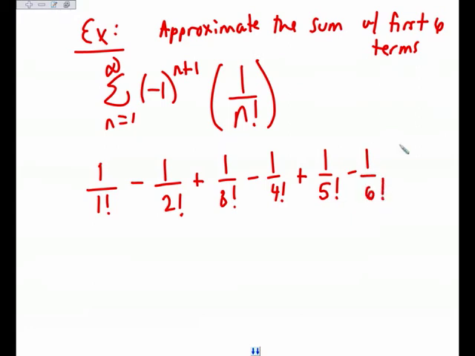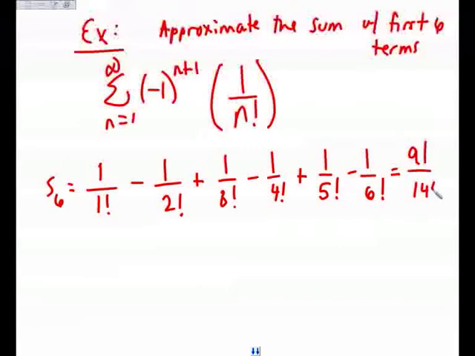And this is what the series looks like when it's expanded. And we know that this series is going to converge if we apply the alternating series test, and by the nth term, the limit is equal to 0, and then we have clearly that the terms are decreasing, and so we could say that the sum s sub 6 is going to be equal to, I believe this ends up being 91 over 144.